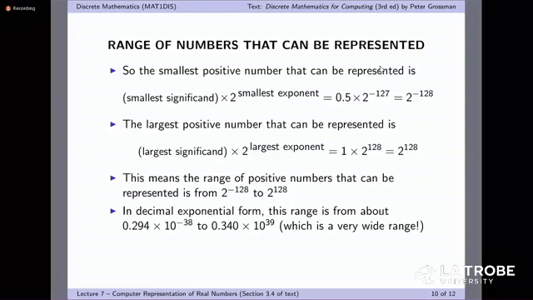In the real case, if you write 10 to the power, the minimum value is 0.294 times 10 to the power negative 38, and the maximum is 0.340 times 10 to the power 39, which is quite big. 10 to the power 39, it's huge.